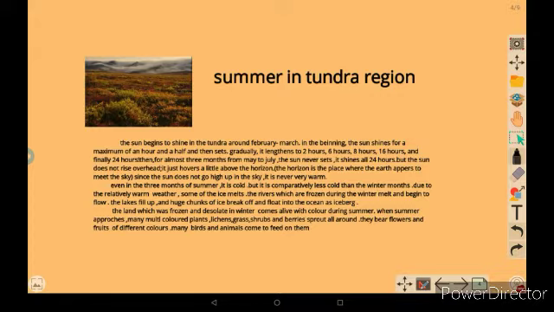So in the summer months it is a little less cold. Due to the relatively warm weather, some of the ice melts and the rivers which are frozen during the winter melt and begin to flow. The lakes fill up and huge chunks of ice break off and float into the ocean as icebergs.